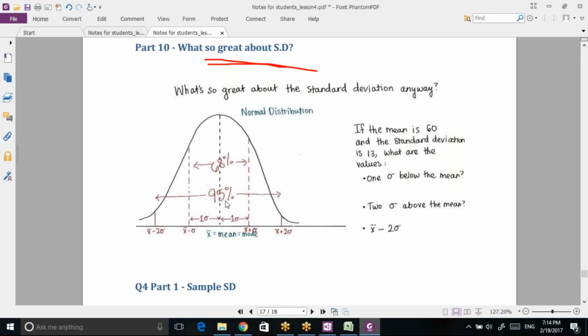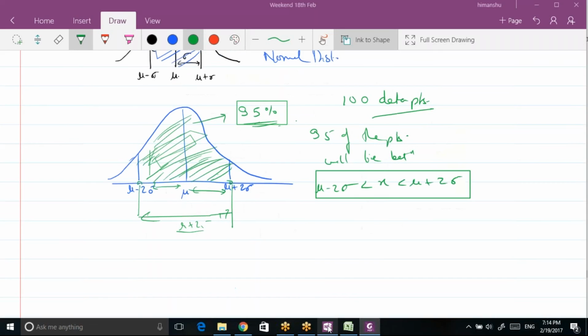Is 2 sigma common for all the graphs, or are you calculating that your data will be between these 2 sigma? For any data you can find your X bar and 2 sigma. 2 sigma is nothing but 2 multiplied by standard deviation.